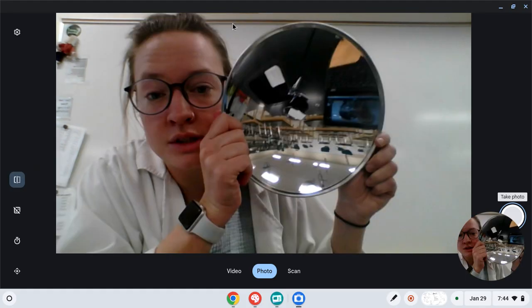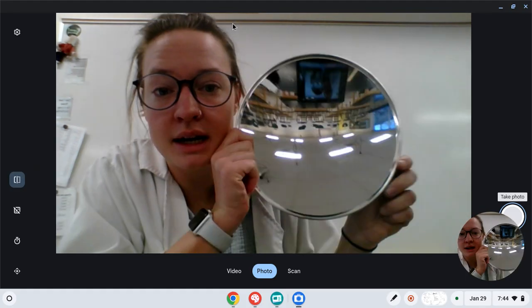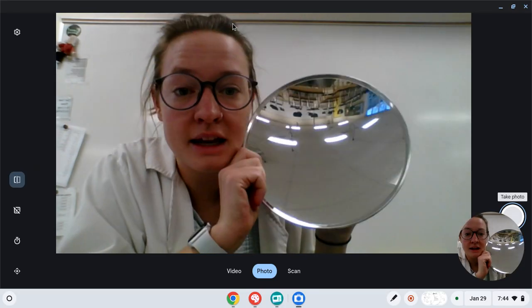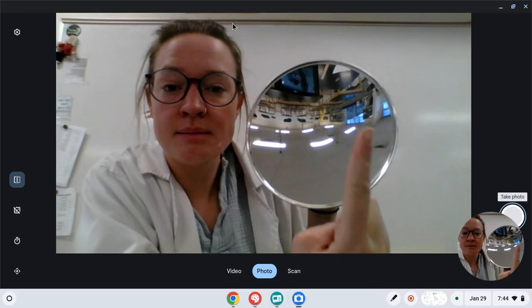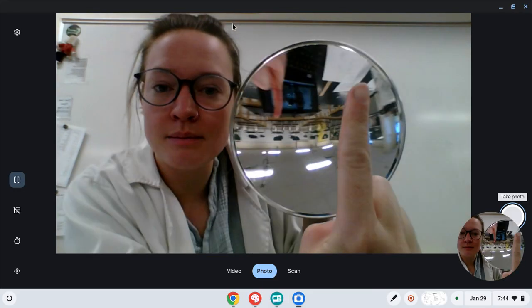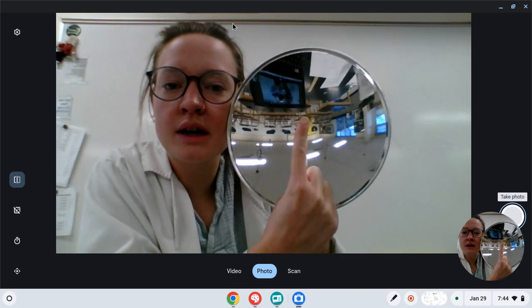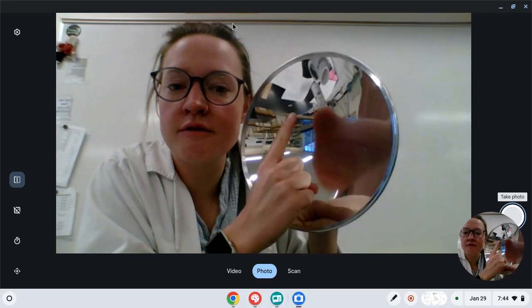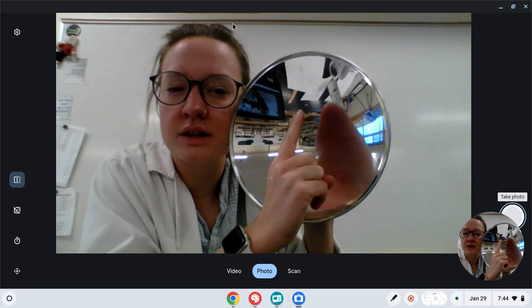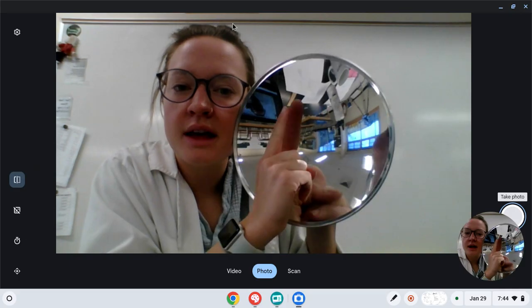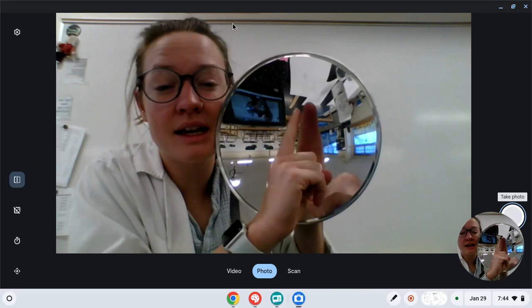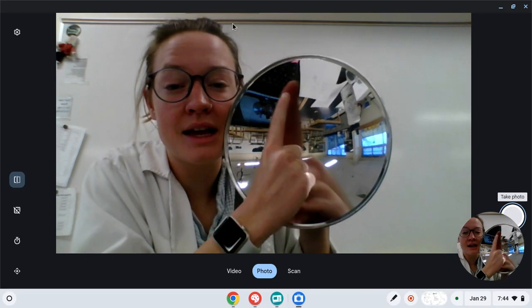Here's what you see right now, you can see my classroom here, and my classroom is inverted, it's reduced in size. But if I take my finger here, and I start with my finger far away, and I bring my finger closer and closer, then you'll see that I can get an image of my finger that is actually enlarged in size, that is upright like this, in contrast with if it's far away.